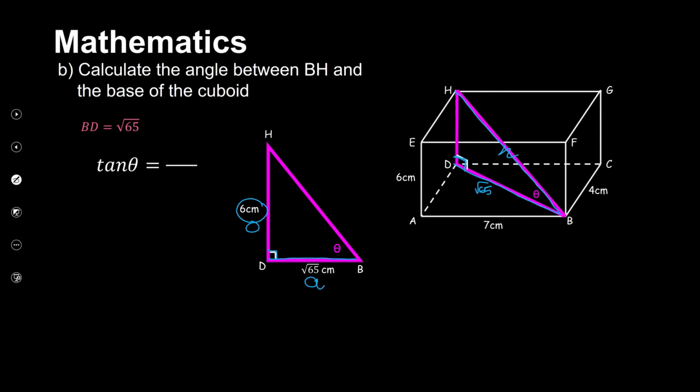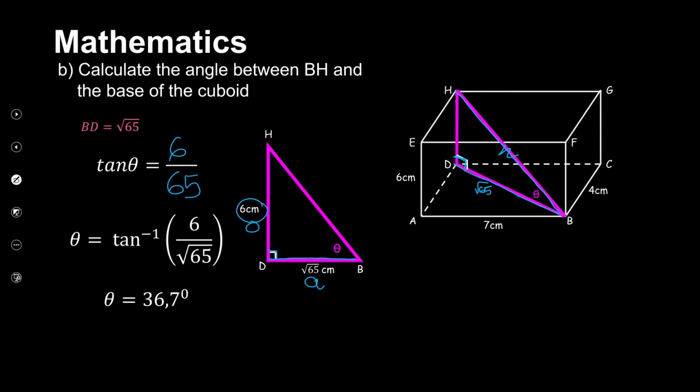So it's going to be 6 over root 65. Then you use your calculator, shift tan of 6 over root 65. You've done this a lot in grade 10 and 11, so you know how to find the angle, and you'll get the angle to be equal to 36.7 degrees. So it means that this angle here is now 36.7 degrees.